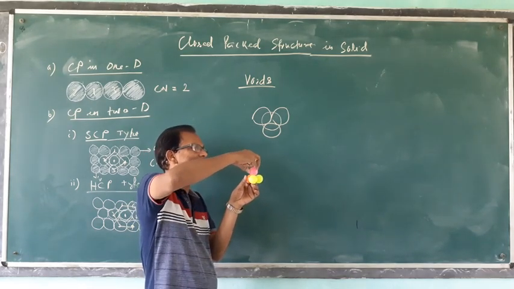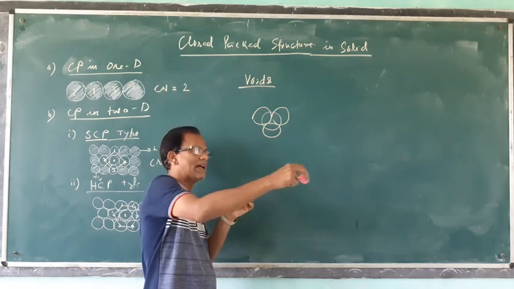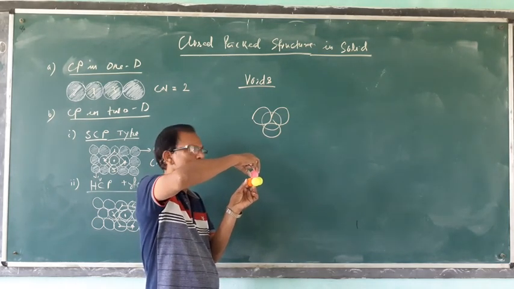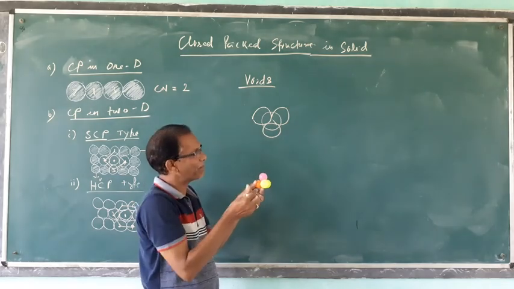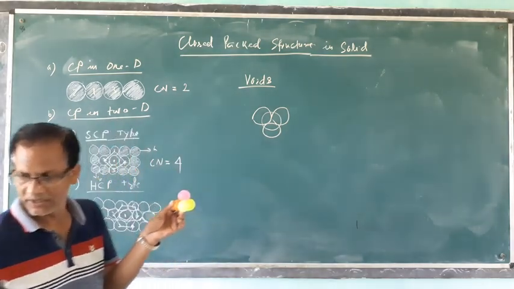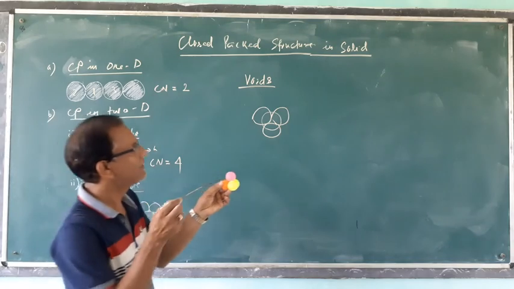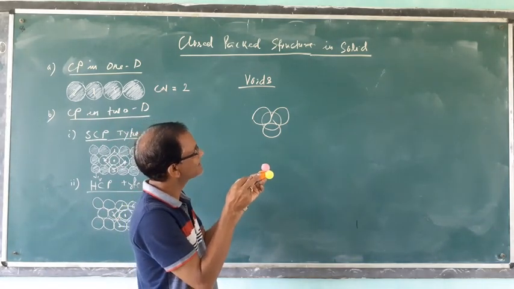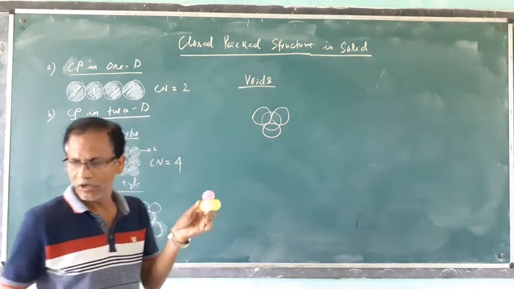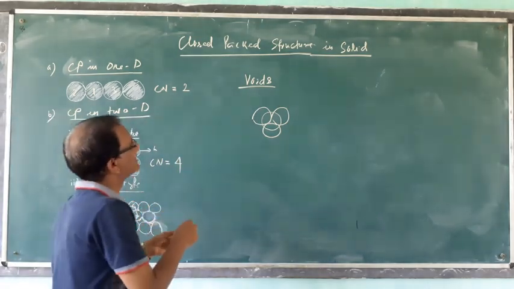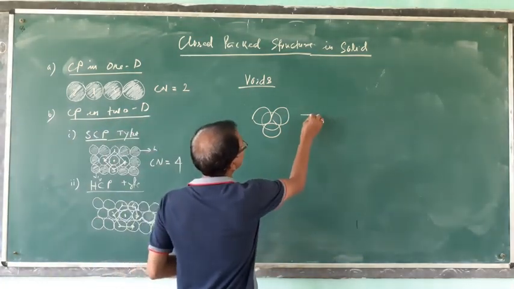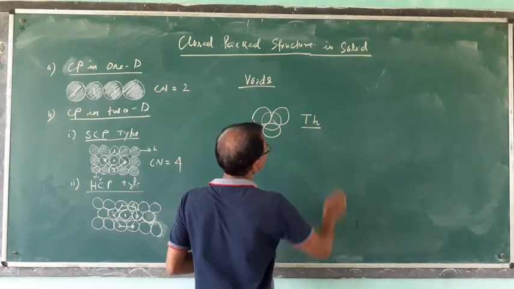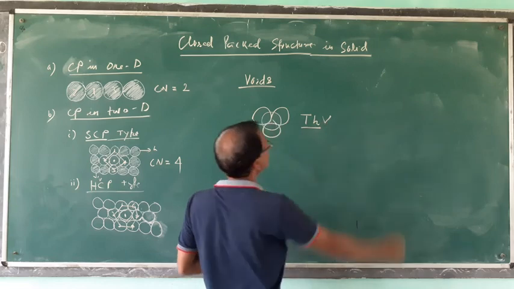This is the second layer. This is the first layer. This is forming a gap. This gap between these four spheres is called a tetrahedral void, THV.